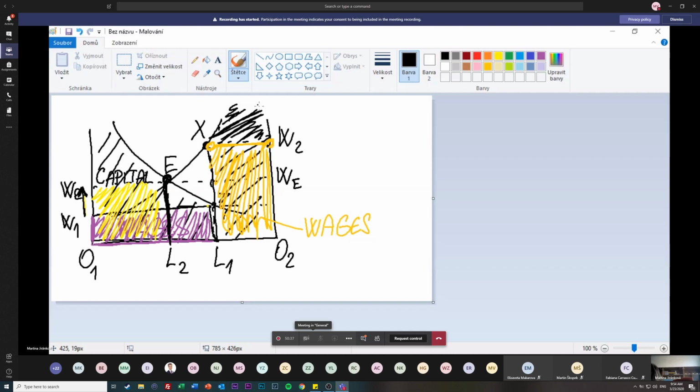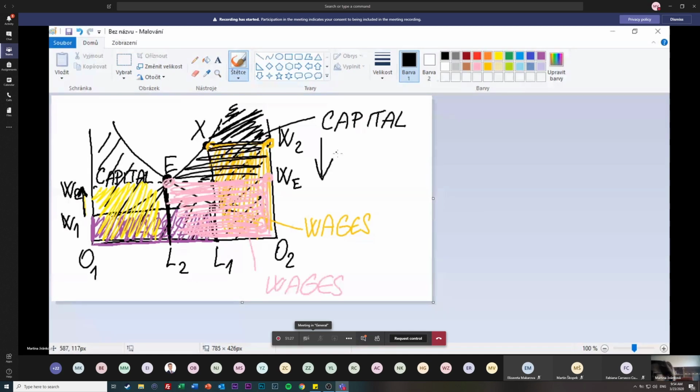What does it mean in the second country? So in the second country, definitely you can see that because of migration, the situation of workers worsened, their wages are lower, but the situation of capital owners is now better.